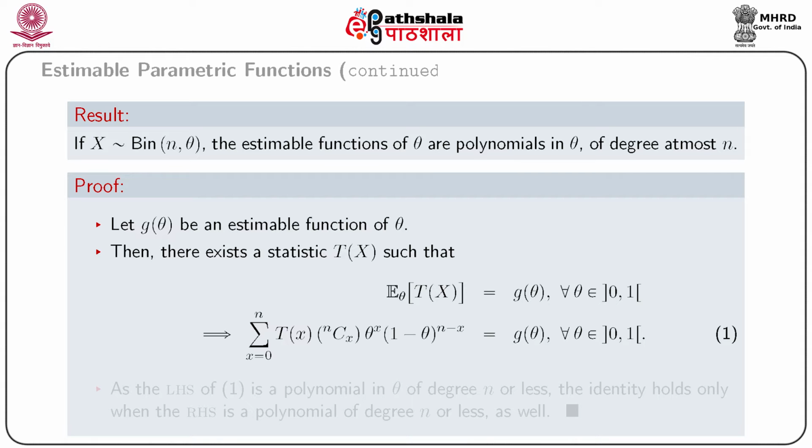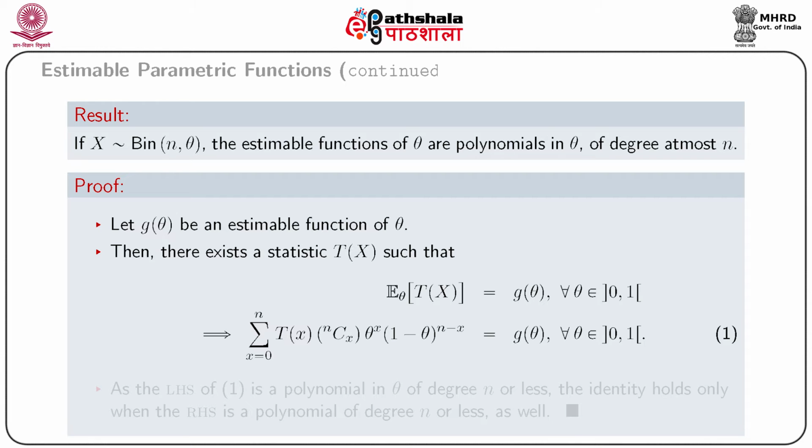Then there exists a statistic T such that expectation of T under theta is equal to g theta for all theta belonging to the interval 0, 1, which implies summation over x from 0 to n of T(x) into nCx into theta to the power x into (1 minus theta) to the power n minus x equals g theta for all theta belonging to the interval 0, 1.